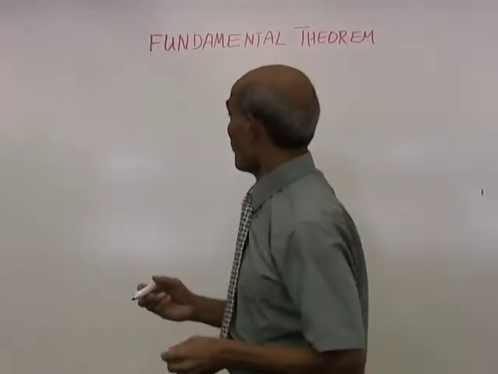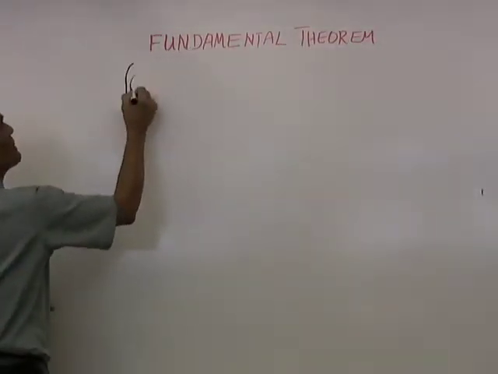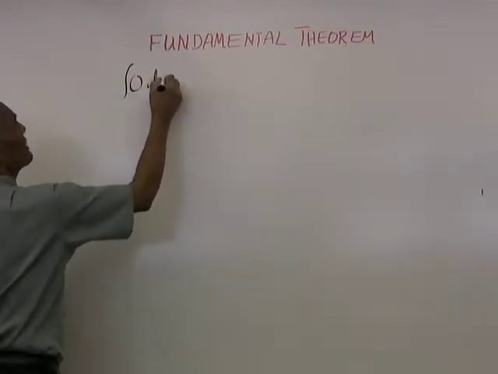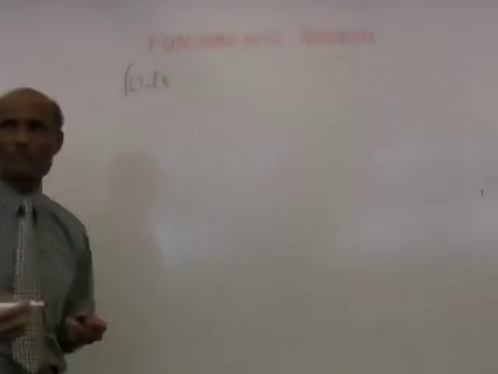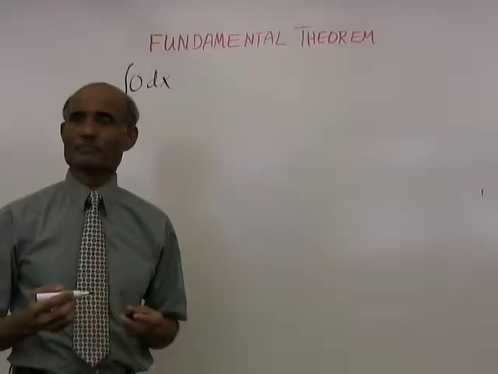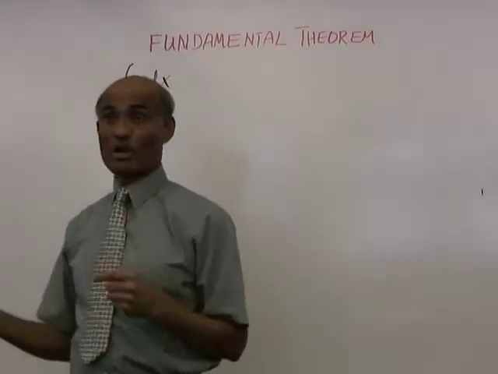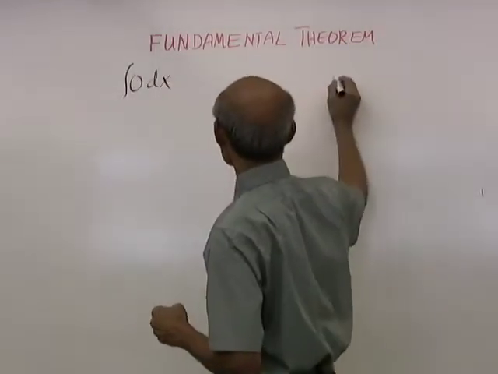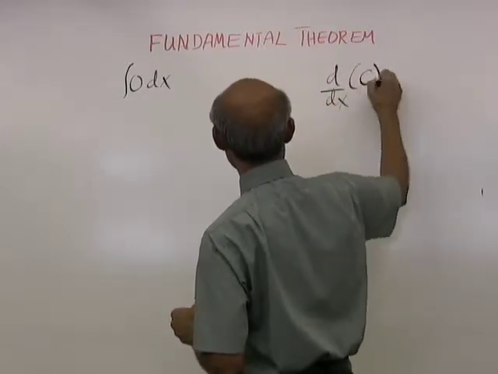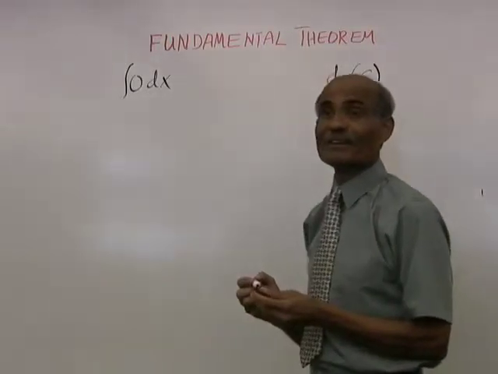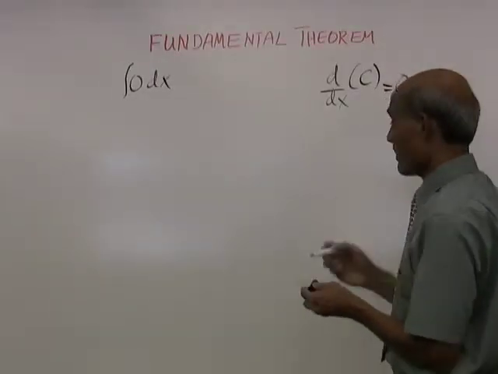Alright, tell me, what is the integral of 0 dx? What do you get if you integrate 0? Well, how do you know? You know because, what is the derivative of a constant? The derivative of a constant is 0.